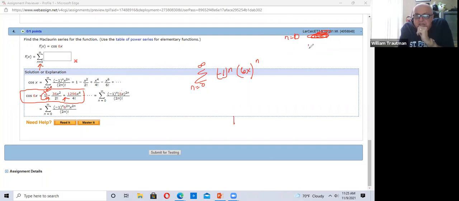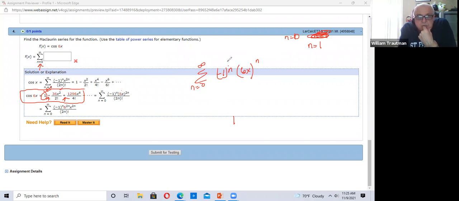Now, if I put n equals 1 in here, if you look, odd numbers are negatives. So do you see this is an even number?